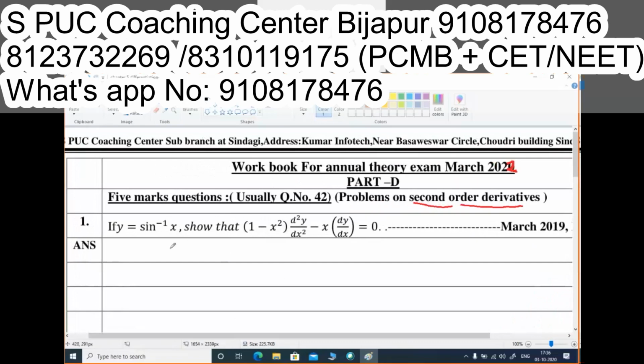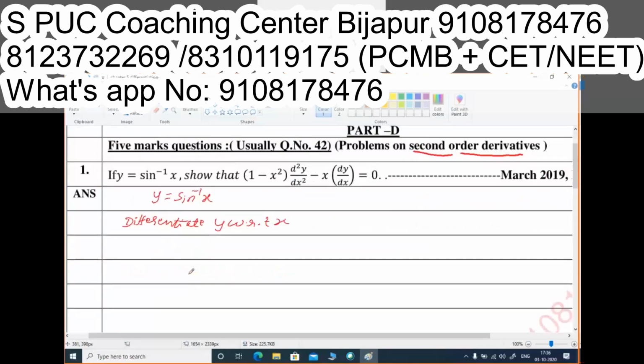First of all, what is the function he has given? Let us consider that one here. y is equal to sine inverse x. You differentiate this y with respect to x. If you differentiate y with respect to x, then you write d by dx of y, which is equal to d by dx of sine inverse x.